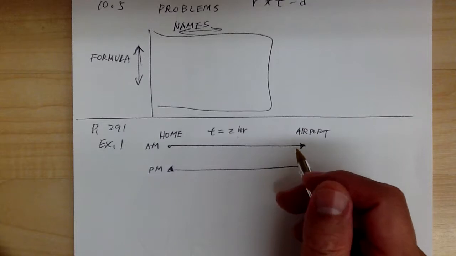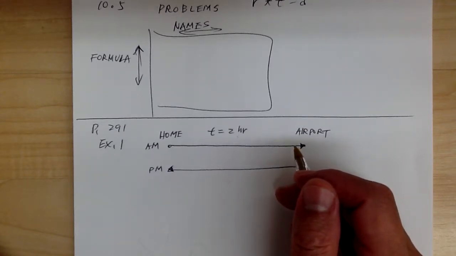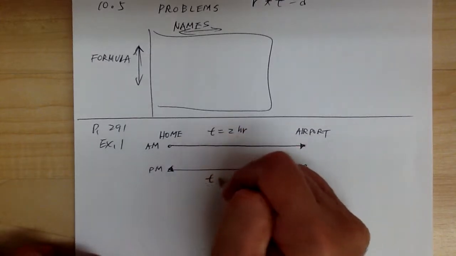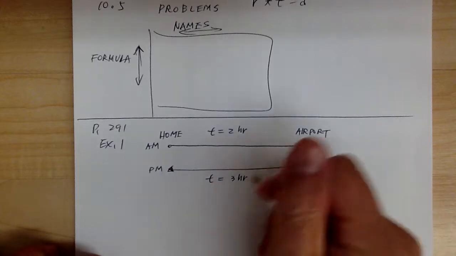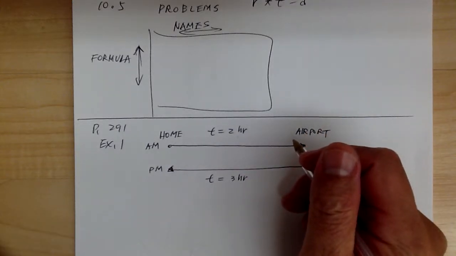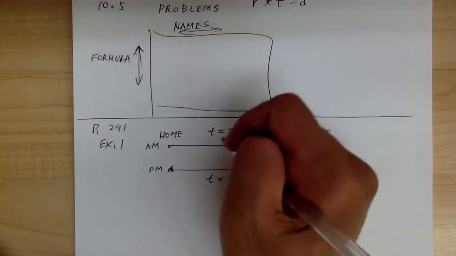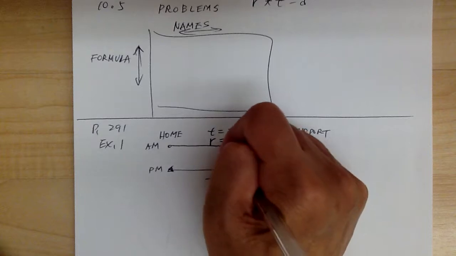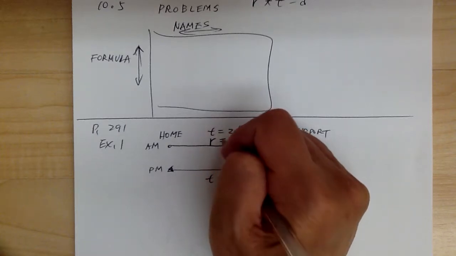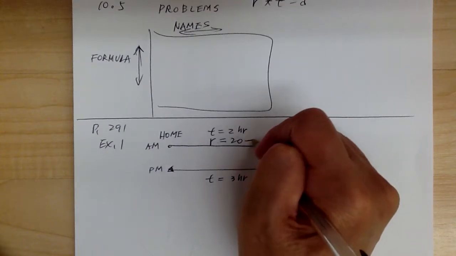Okay, now continue to read. Read every part and process every piece of information. But he takes 3 hours to return home. So t equals 3 hours coming home. Now it says the average morning speed is 20 miles per hour faster than the average evening speed. So r is the speed, and faster than means plus.